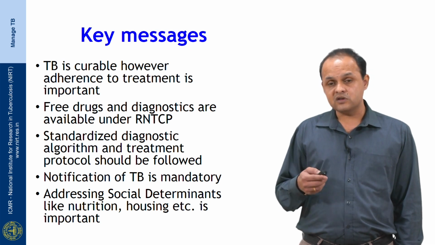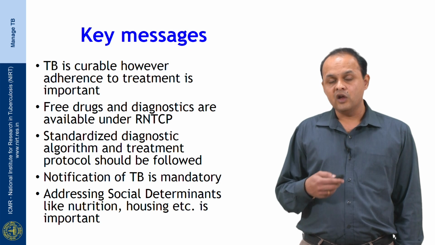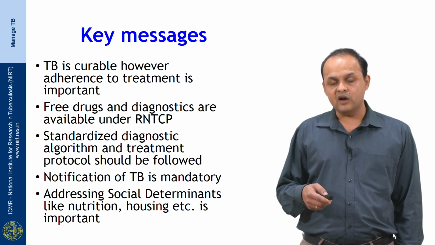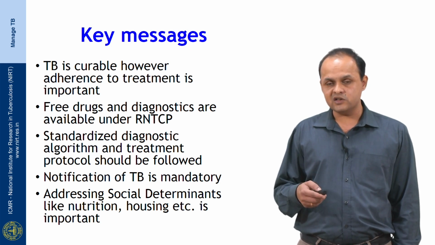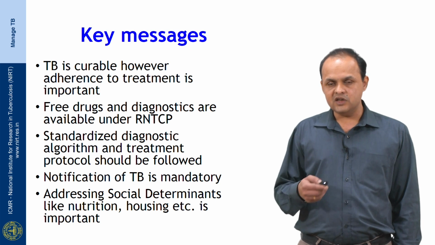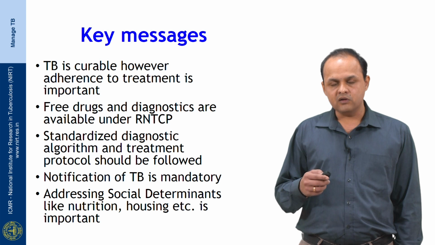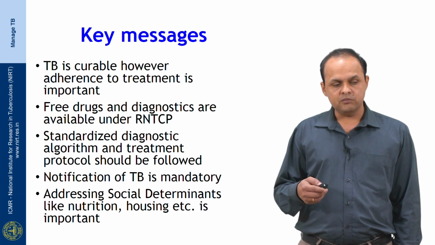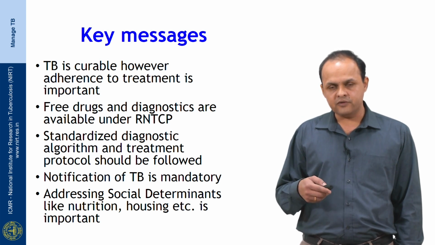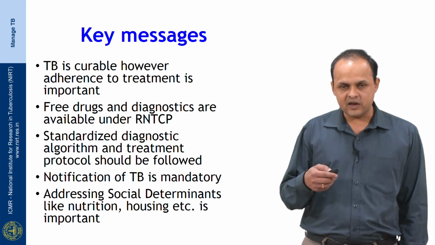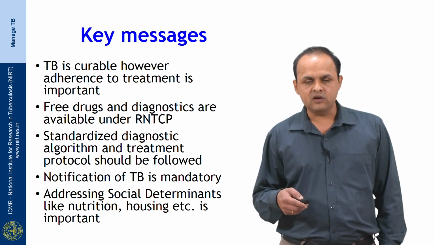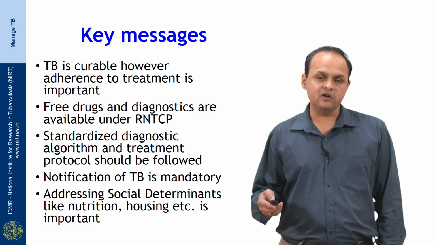Tuberculosis can be addressed only when all the social determinants are addressed, and hence it requires a multi-sectoral approach. With these messages, I am sure you would have learnt the basics of tuberculosis diagnosis and the various treatment regimens and services available under this program.